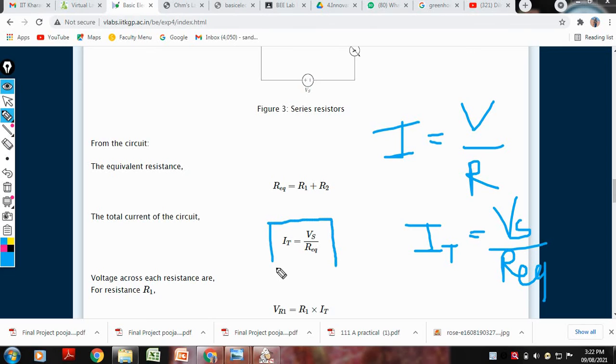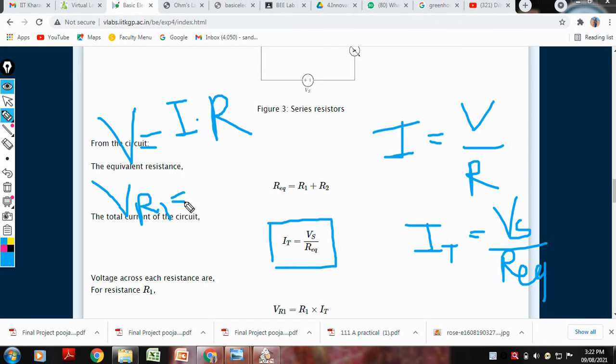Then the voltage across resistance R1, that is V is equal to I into R. Here the resistance is R1 and the total current is IT, where IT is equal to Vs by R equivalent.